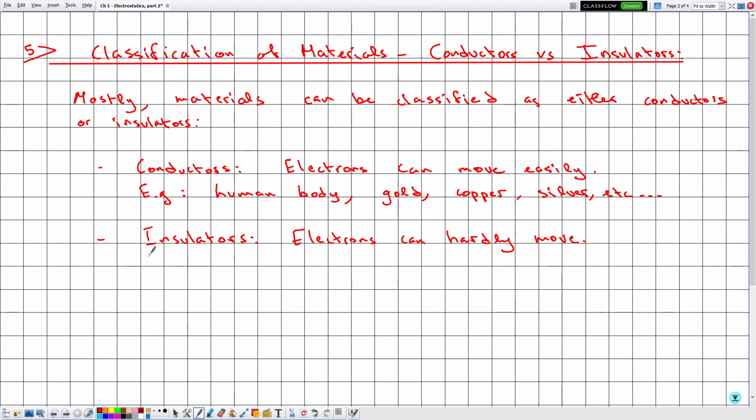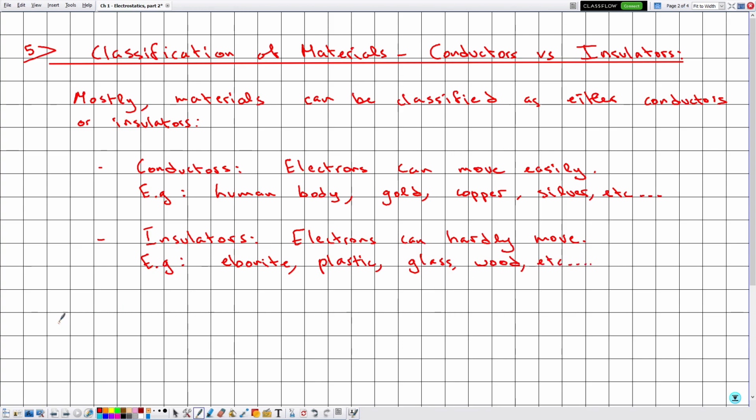Some examples of insulators are ebonite, which is a type of material in which electrons cannot move. It's similar to plastic. Then we can say also plastic, wood, glass, and the list goes on.